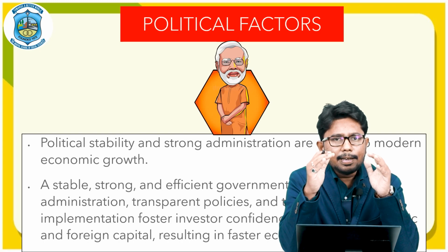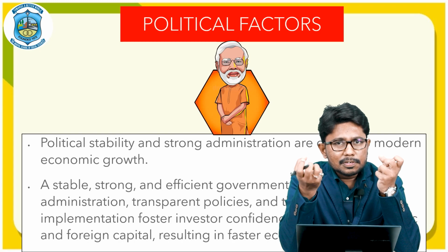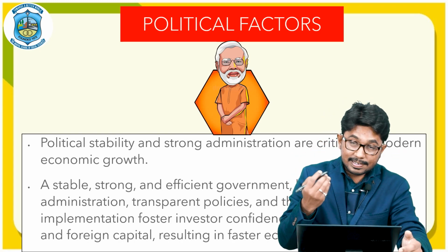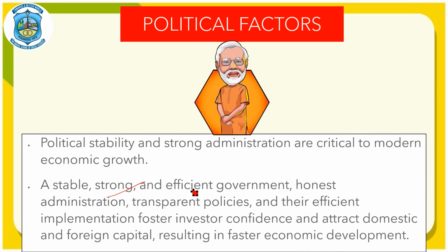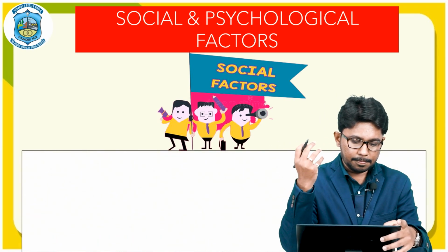So basically what I am trying to explain is that political stability must be there to develop society wisely. A stable, strong and efficient government, honest administration, transparent policy and efficient implementation foster investor confidence and attract domestic and foreign capital, resulting in faster economic development. So we need political stability in society if we want to achieve economic development in the country.